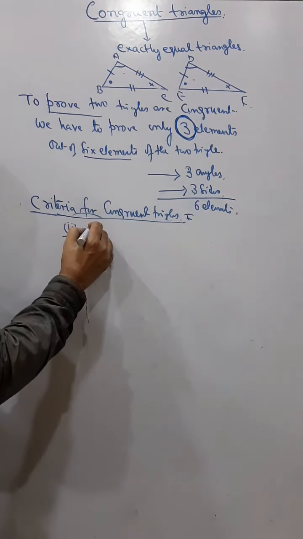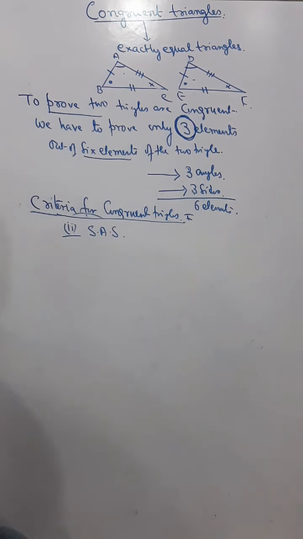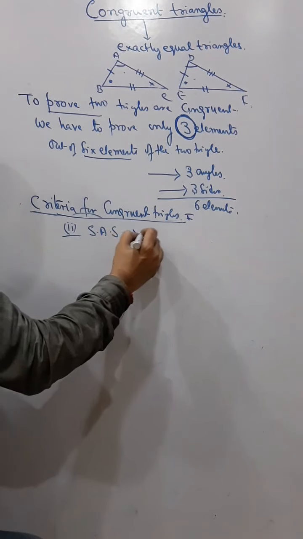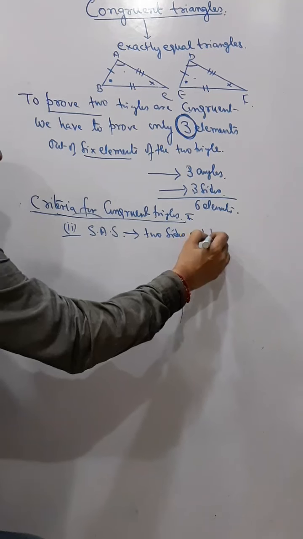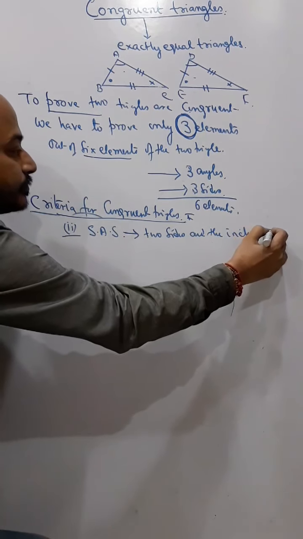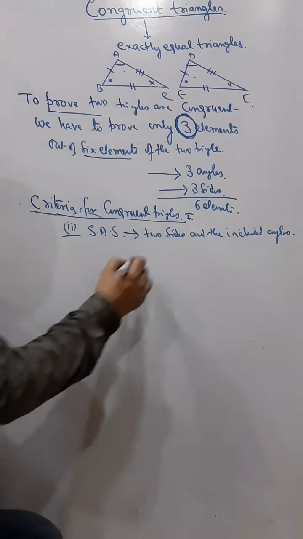Now the next criteria is SAS. SAS means two sides and the included angle.